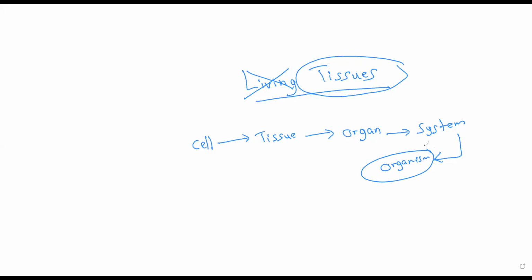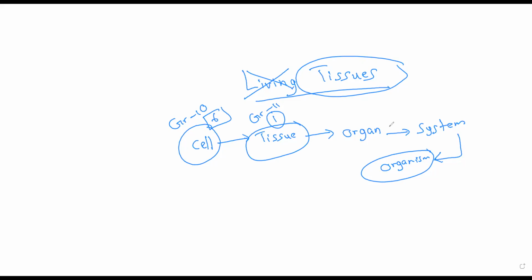Now about the cell, children, you have already studied that in grade 10 science, in unit 6. In today's class, we are going to focus on the tissue, which is unit 1 in your grade 11.